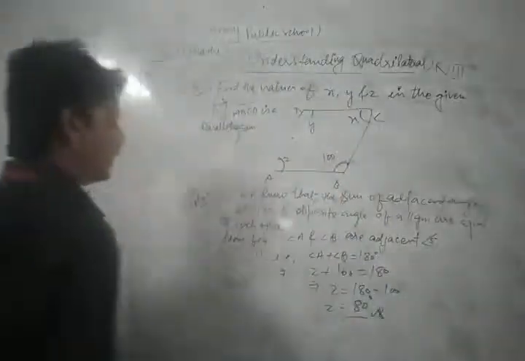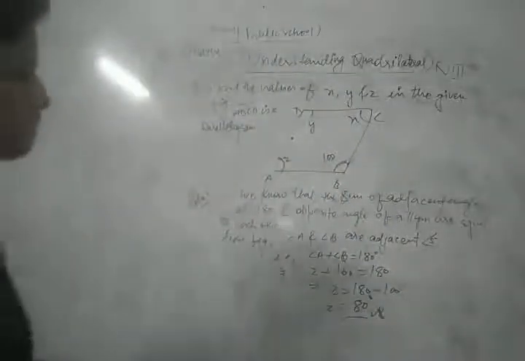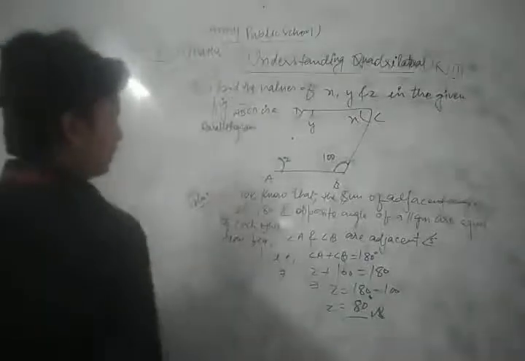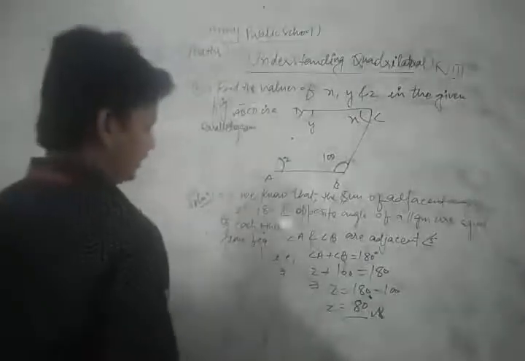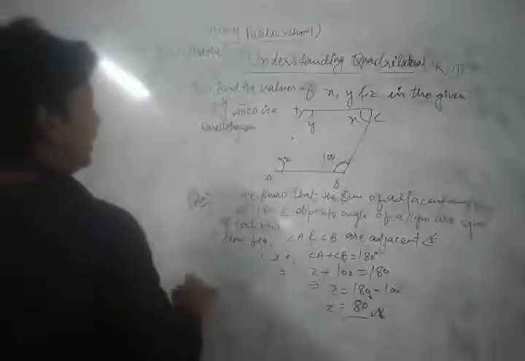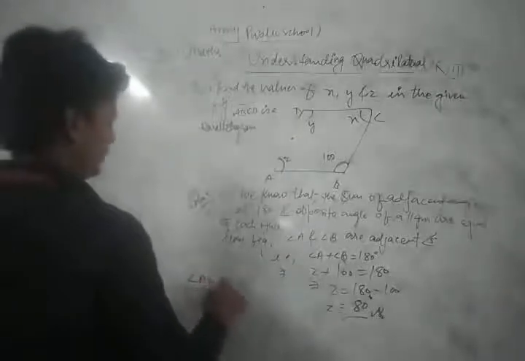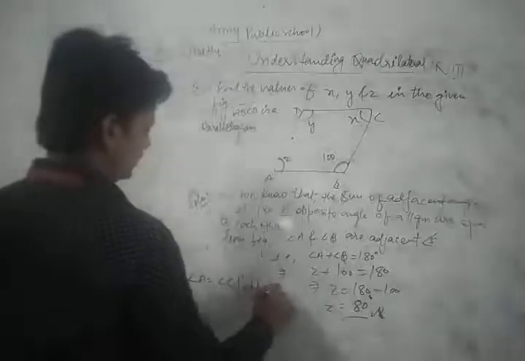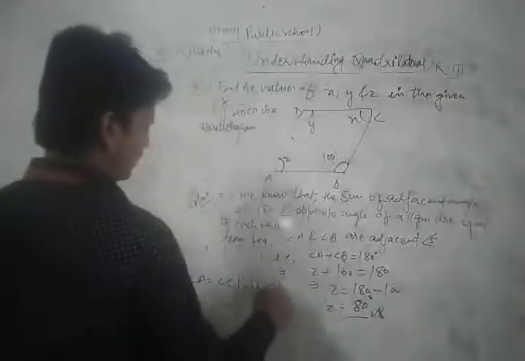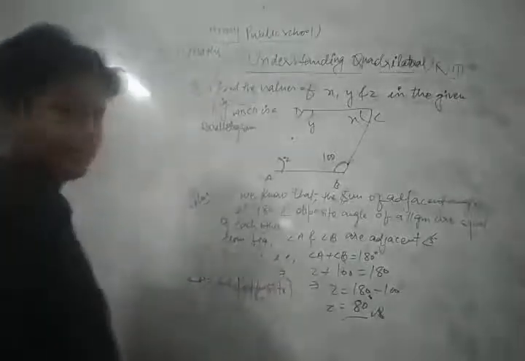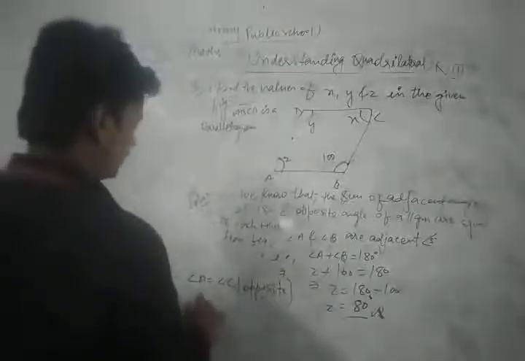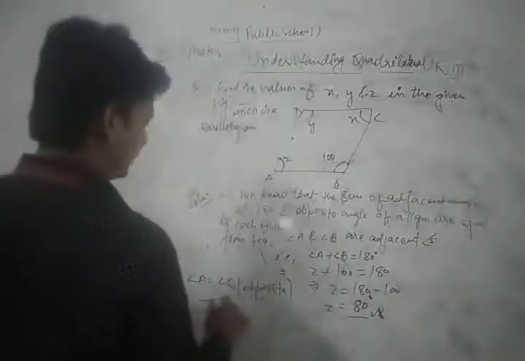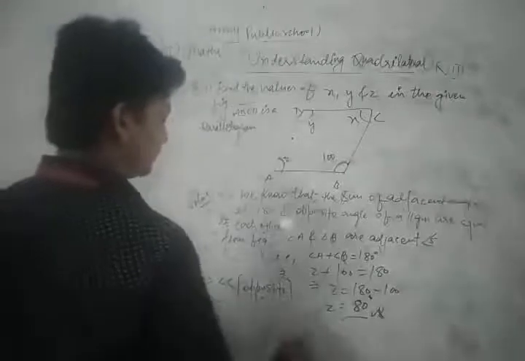Okay, now since angle A is equal to angle C, these are the opposite angles. So angle C is X. So X is equal to angle A, which is Z. This is 80.